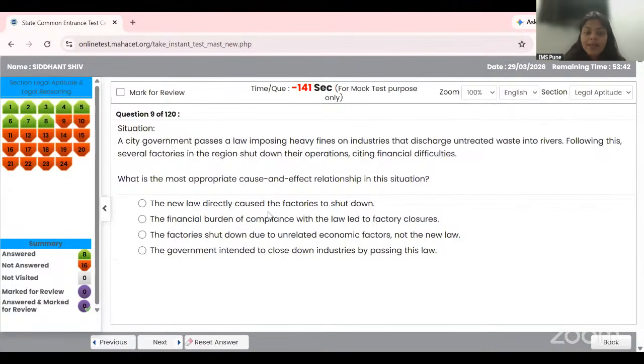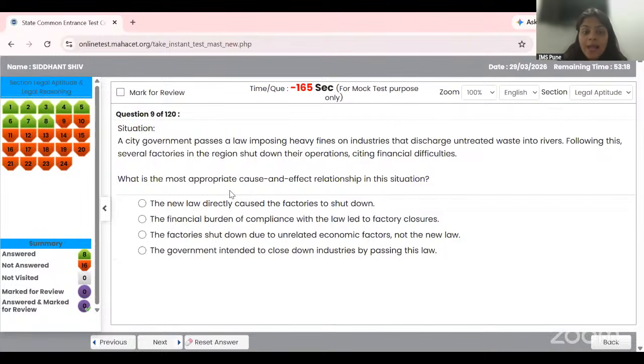The new law directly caused the factories to shut down. Was there a direct causation here? No. The new law targeted that the factories are discharging waste, which is harmful, and it must be treated properly before you put it in the river bodies, right?